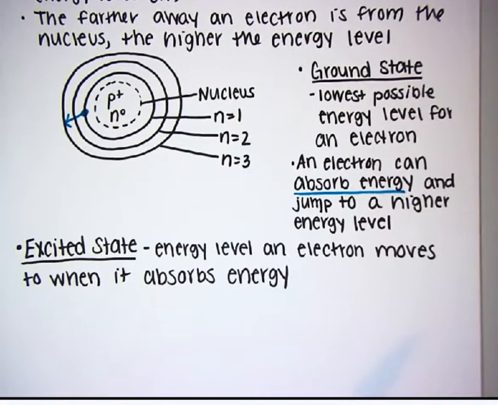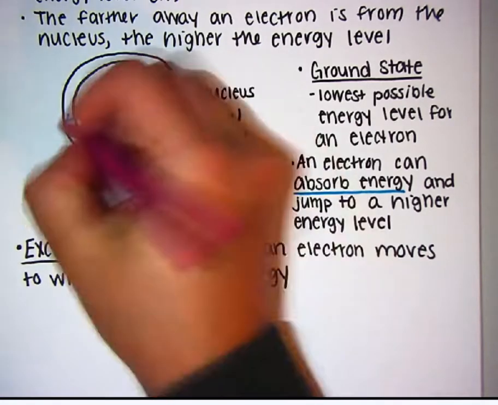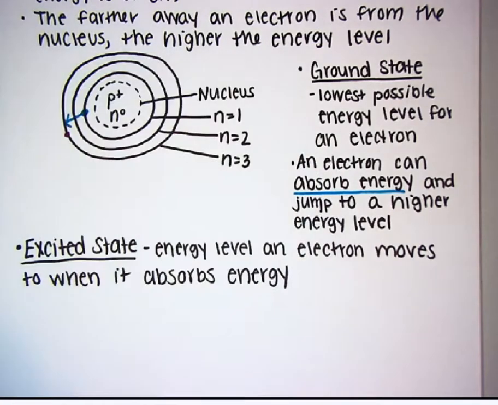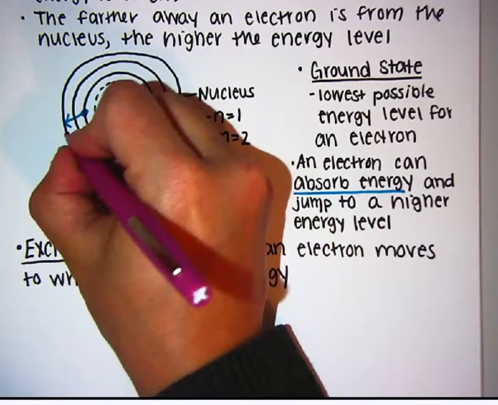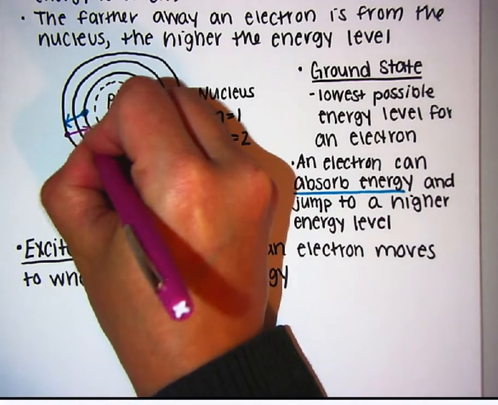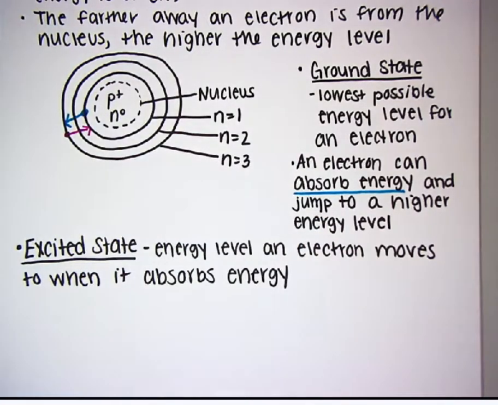Well, electrons don't want to stay at that higher energy state. They want to go back to their home base. So what's going to happen is that electron that's now in the third energy level wants to go back to its ground state.